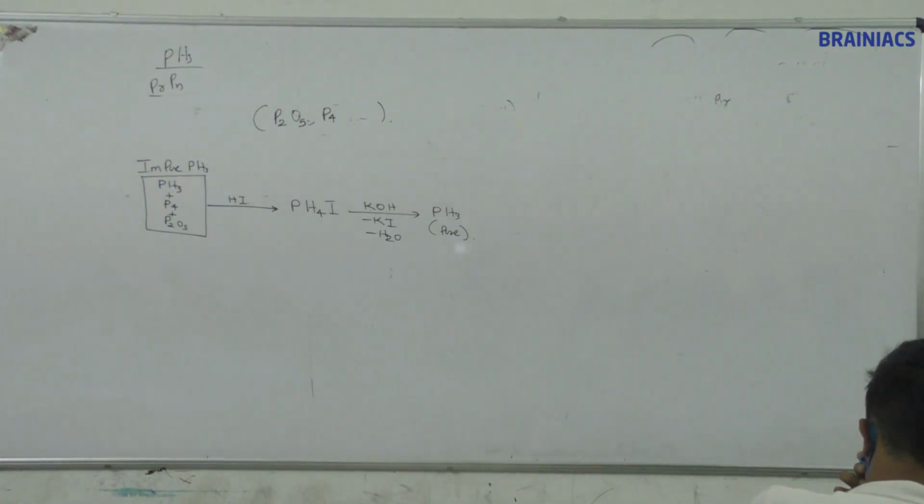That is, impure phosphine, PH3 plus P4 plus P2O5, reacted with HI gives PH4I.